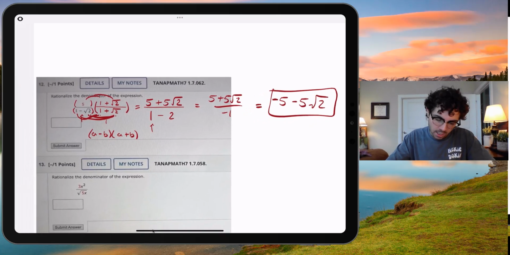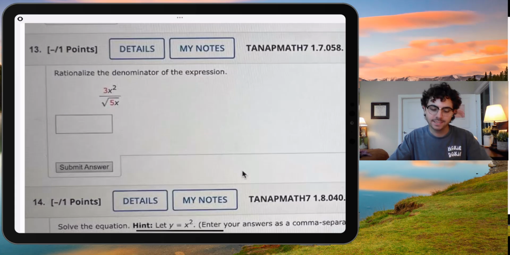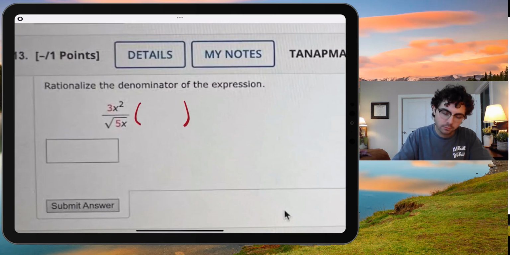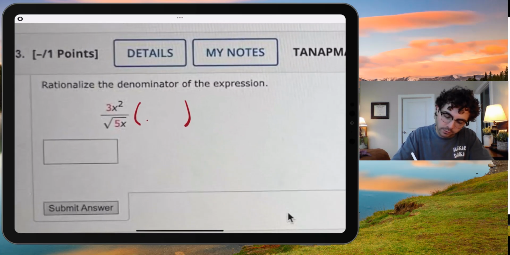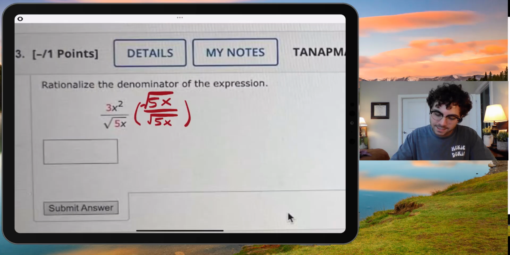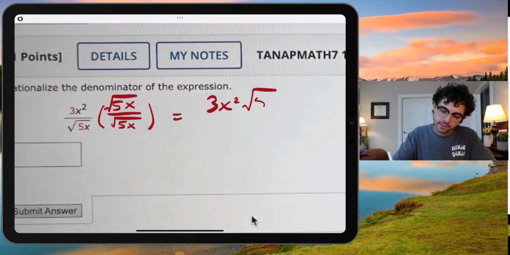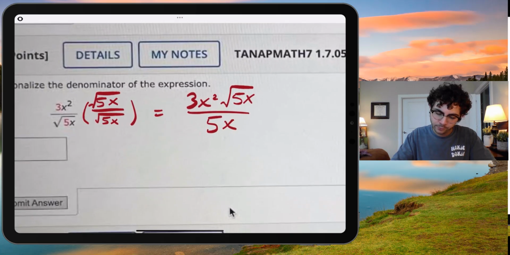All right. Number 13, rationalize the denominator of the expression. Once again, we're going to multiply by the conjugate, but really that's actually just the square root in this case, so we'll just multiply by that same square root of 5x. When we do so, we get 3x square root of 5x up top. Square root times square root leaves us with whatever was inside that square root on the bottom there.